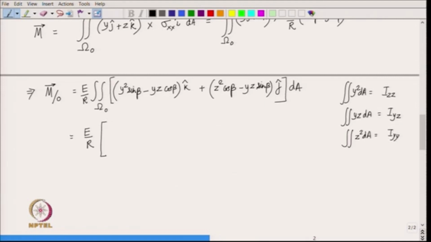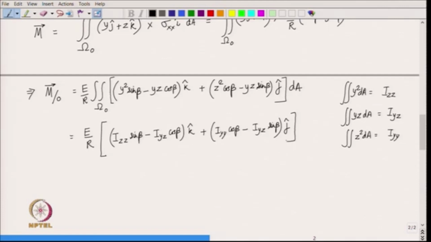If we plug in these definitions here, we simply have I zz sin beta minus I yz cosine beta in the k direction, plus I yy cosine beta minus I yz sin beta in the j direction.